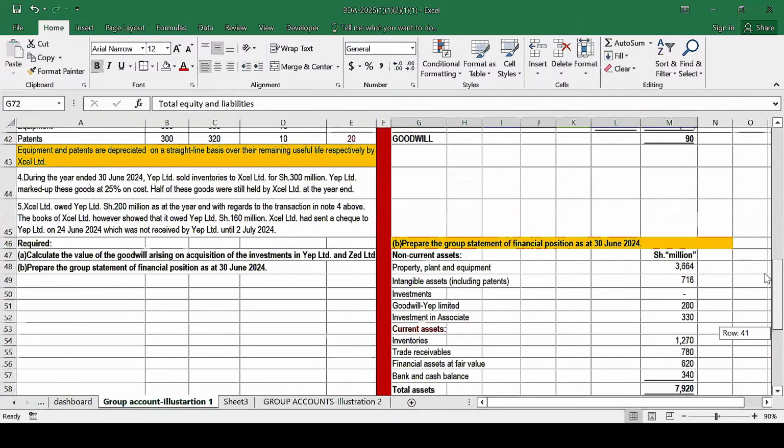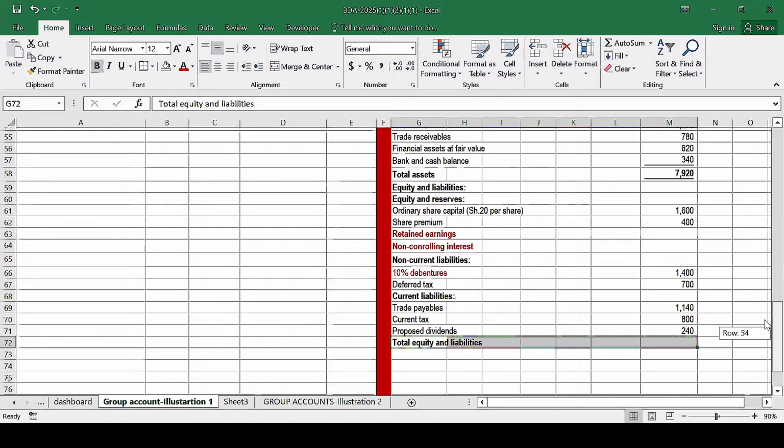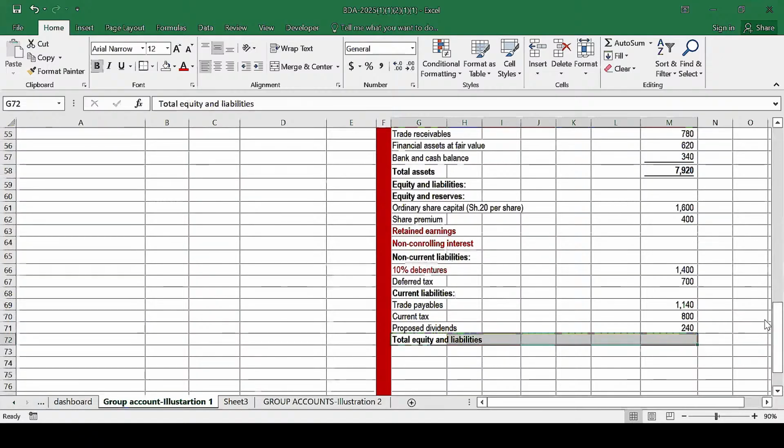If you're able to do the question like that, automatically you'll be in a position to score all the marks. Yes, we can just ignore those two items, the group retained earnings and the non-controlling interest.